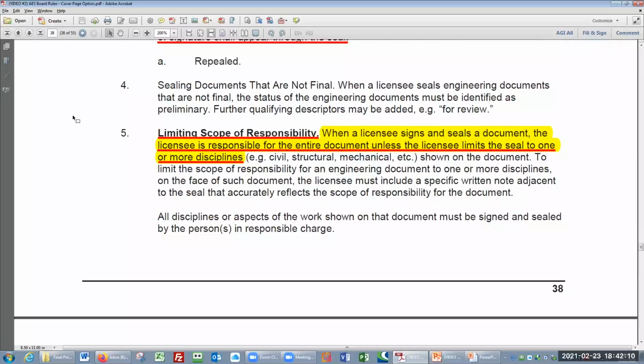Typically they're 1 or 2 pages. So when you get your record set, and if an M&S standard had changed, you should see the M&S standard with a seal on it, and the right-of-way documents with a seal on it. So really what we're talking about is probably 80 to 90% of the plan set, which is the engineering portion of the plan set, which needs seals, and all those engineers would seal on the cover page.